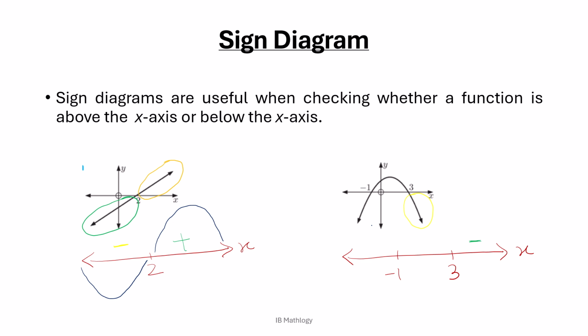For all the values between -1 and 3, my curve is positive, meaning all the values are above the x-axis. And for all the values which are less than -1, I am getting a negative sign again. So I can say that my function is less than 0 for all the values less than -1 and greater than 3, and my function is positive for all the values between -1 and 3.